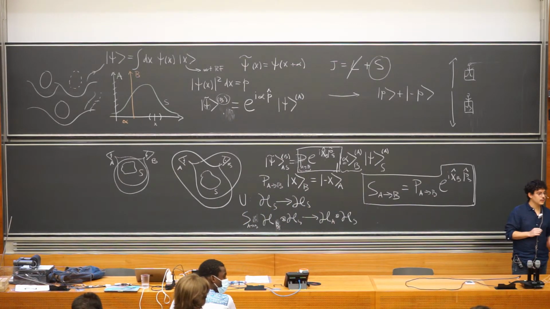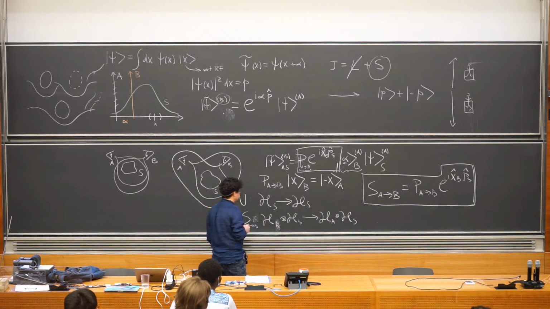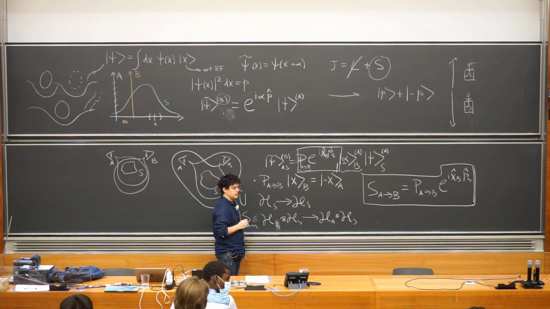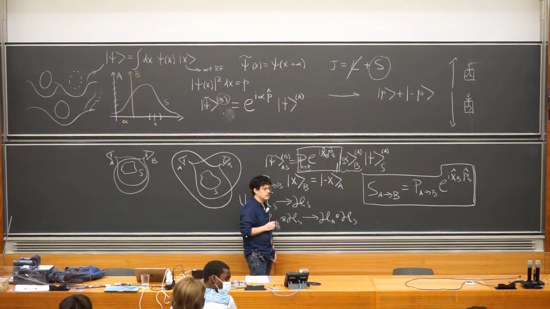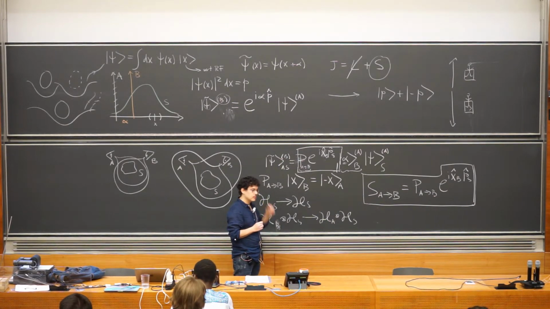Question. Yes? What if you have defined P from A to B of x as minus x, right? Here. Yeah. So the definition of the reference frame depends on the fact that there is a P which gives me that, right? Yes. But there is a symmetry in the problem where you're not able to distinguish. I mean, where P from A to B of x_B is equal to x_B itself, let's say. So if there is a symmetry in the problem where you don't have such a scenario, then how do you define your reference frame?